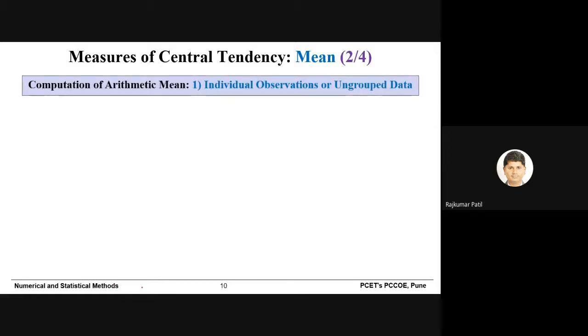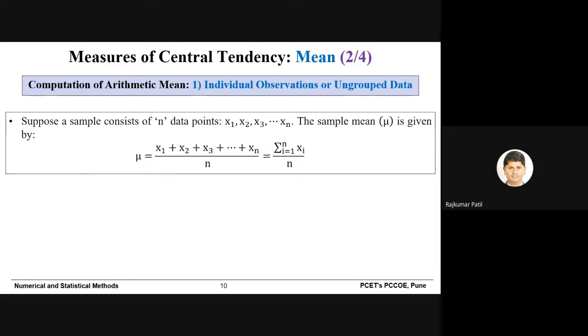Now there are different data sets and different formulae that can be used for calculating the mean. So let us start with computation of arithmetic mean when individual observations or ungrouped data is there. Suppose a sample consists of n data points, x1, x2, x3, x4 up to xn, and these are the individual observations.